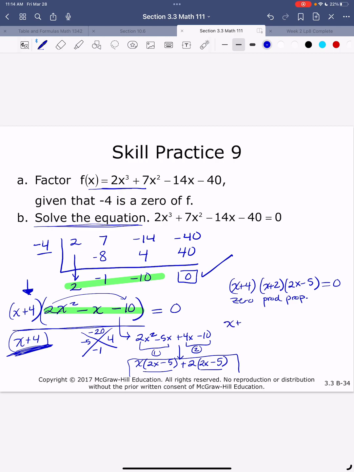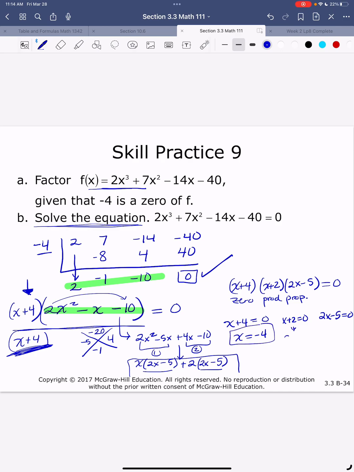So I have x plus 4 equals 0. I have x plus 2 equals 0, and 2x minus 5 equals 0. Solving each of these, we already know that this means x equals negative 4, which we already knew, that was given.